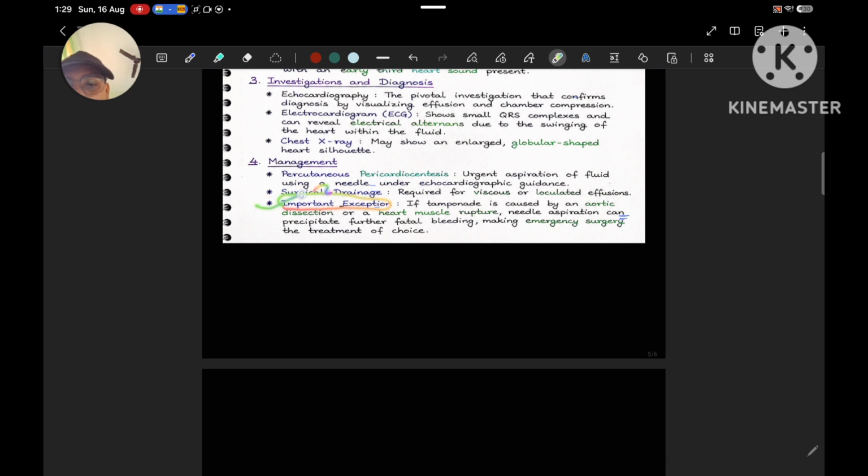Important exceptions are heart muscle rupture or aortic dissection. In these two conditions, needle aspiration can precipitate further fatal bleeding. Means percutaneous pericardiocentesis should not be done in the case of heart muscle rupture or aortic dissection. We should go for emergency surgery.